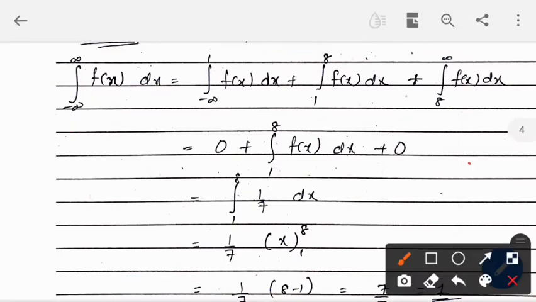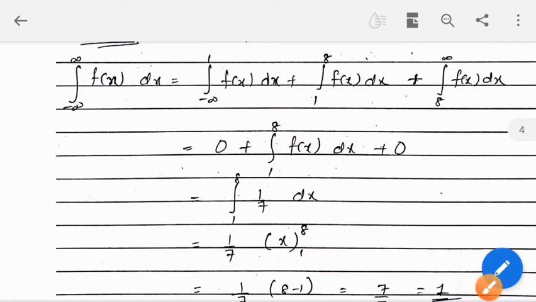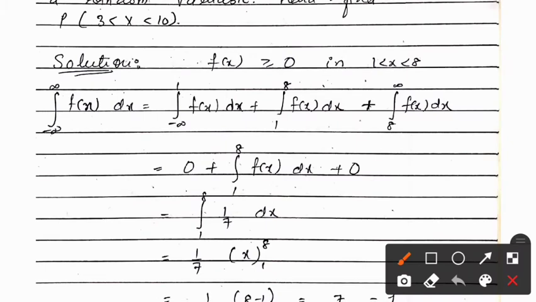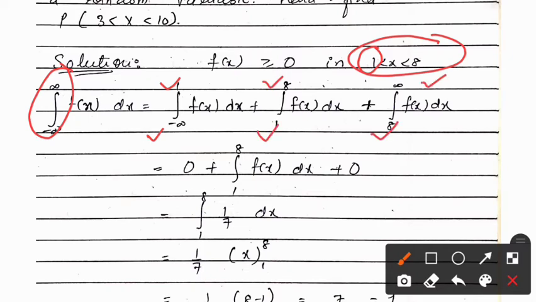Now what we will do is split this limit. Here the value is starting from 1, so first we will take minus infinity to 1. Our next interval is 1 to 8, so we will put here 1 to 8, and last we will take from 8 to infinity.